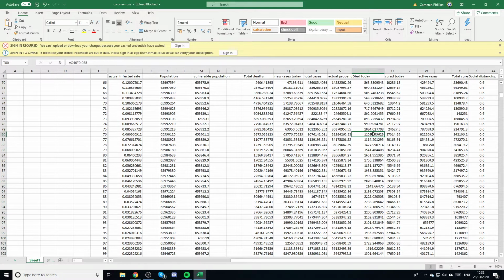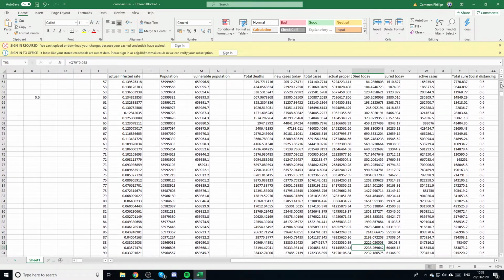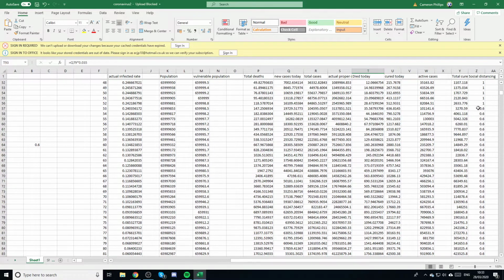So we're a little bit higher, which is good news. But at this rate it shows the peak for Italy, maximum people dying today, on day 93. But that's with the 0.15 rate, and we think it's going to go down to 0.3. We think we've got a really good social distancing thing going on.